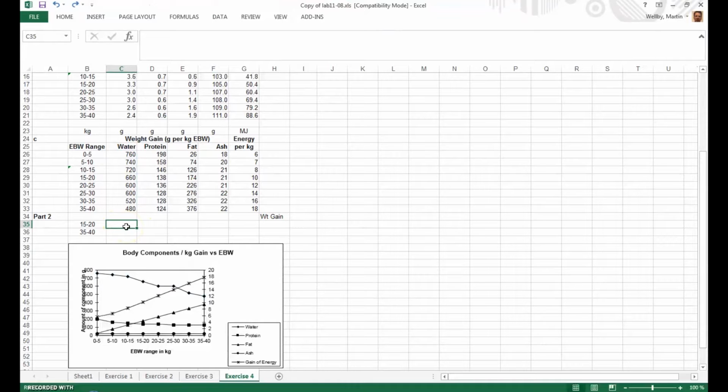Basically, there's a question in the lab manual, and it says, what gain would you get if you gave an animal that was 15 to 20 kilograms 1 megajoule of energy versus the gain that you would get if you gave a 35 to 40 kilogram animal 1 megajoule of energy. So to work that out, we just go into here and we take this number here, and actually it took 10 megajoules to put on that much water.